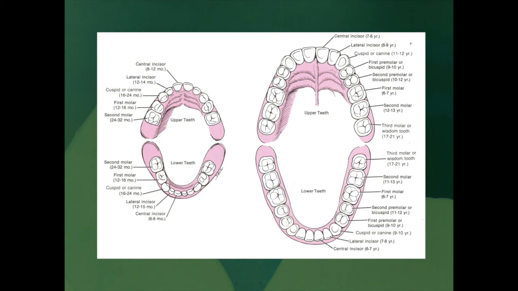They are then replaced by the second set of teeth, which I'll start to talk about, which is our permanent or secondary dentition. The permanent dentition in the human model consists of 32 teeth that appear between the ages of 6 years and adulthood. It resembles the deciduous dentition with a few exceptions.